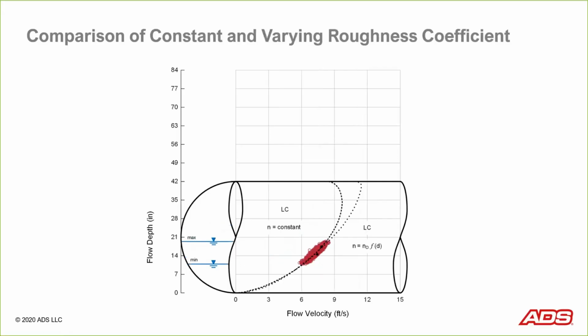I want to talk about one other minor point. I'm only going to bring it up on this one slide. Anytime we use the Manning equation, it's very typical for us to assume that the roughness coefficient is constant. In other words, it does not change as a function of depth.